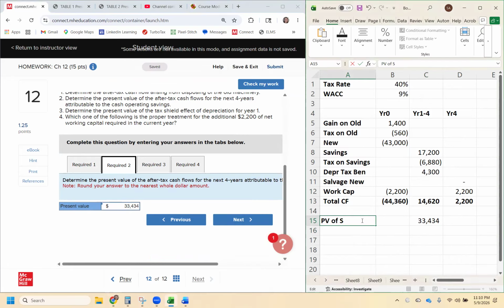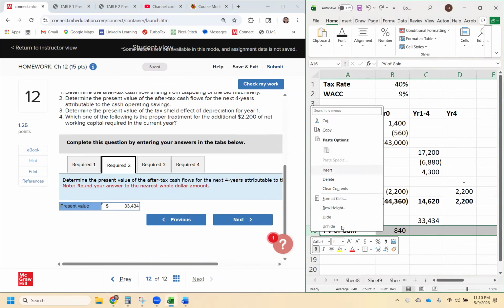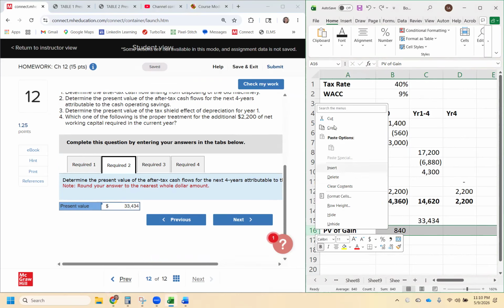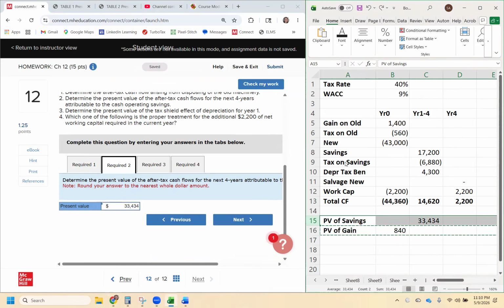Present value of savings. Present value of gain. It's just these. And since it's year 0, I don't have to do the present value formula. That was for A. Oops. There we go.